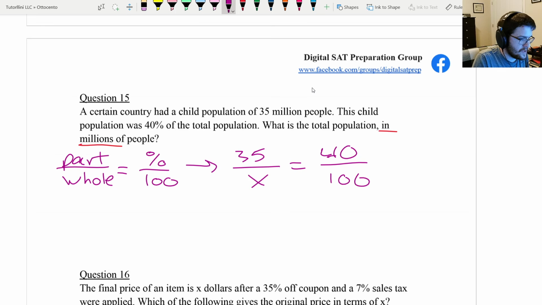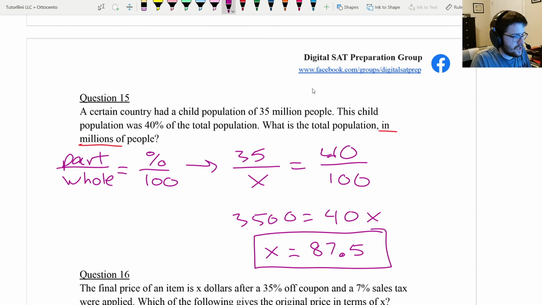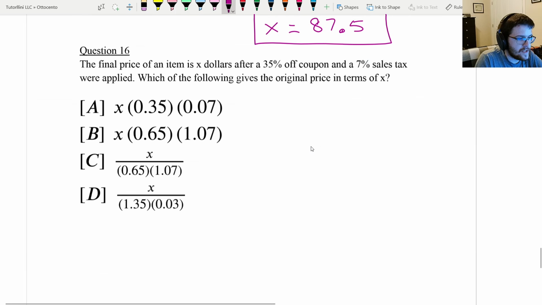So we're going to do 3,500 equals 40x. Divide both sides by 40. We should get 87.5 million. Okay, very good. And you could again double check it, 40% of. So 0.4 times 87.5, and we get 35. So that works. All right, I think this is our last one.